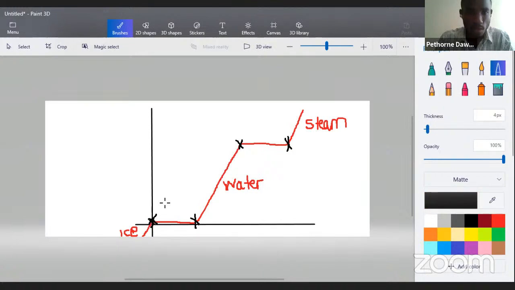All right. This would be ice plus water. Ice plus water would be here. And then up top, we would have water plus steam.